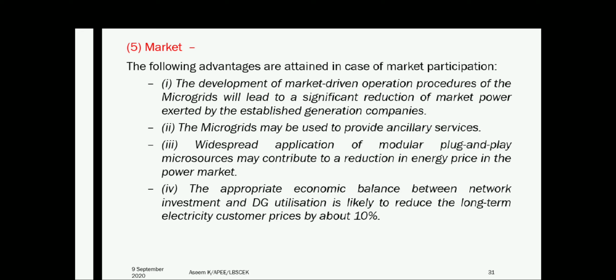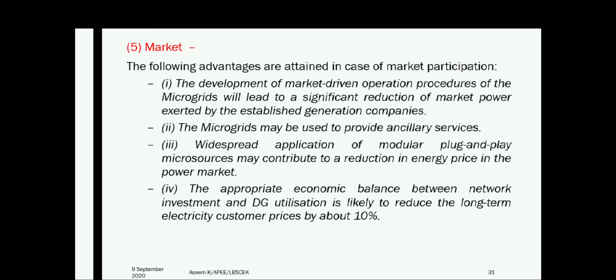When local generators are feeding surplus power into the main grid, there will be some kind of reduction in the electricity cost. The main generation companies are forced to reduce their electricity charges. That is one of the advantages.